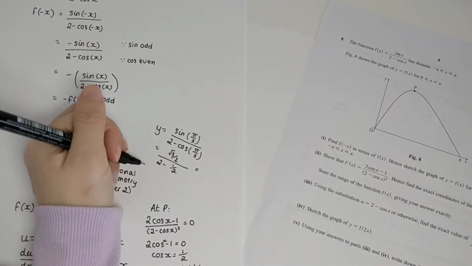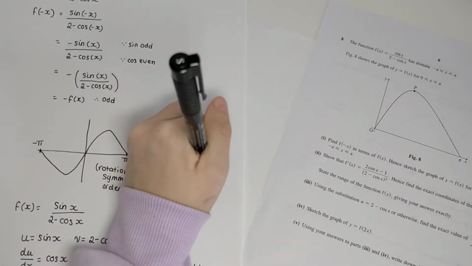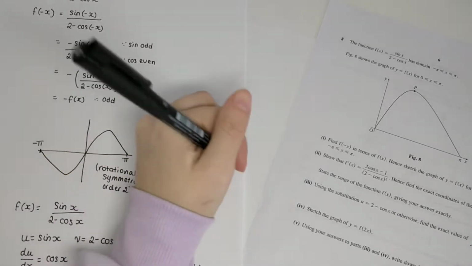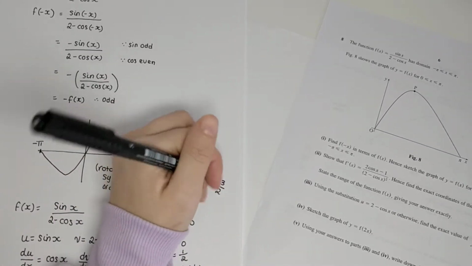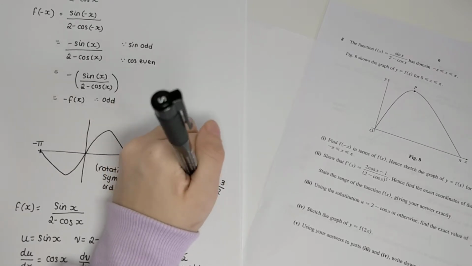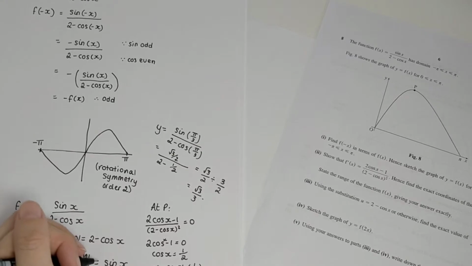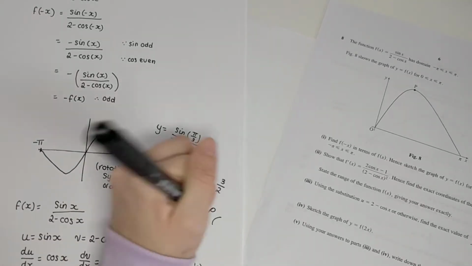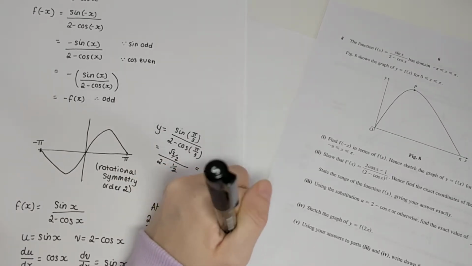I'd probably just shove that in the calculator, or not, I can do this. 2 take away a half is 1.5. Equals root 3 over 3. So the answer is P is pi over 3, root 3 over 3.